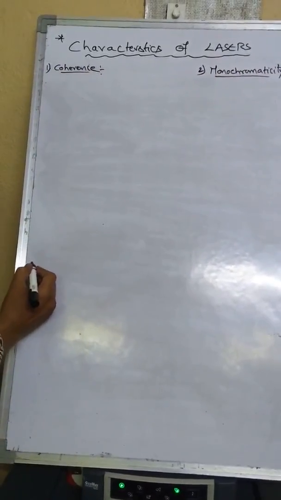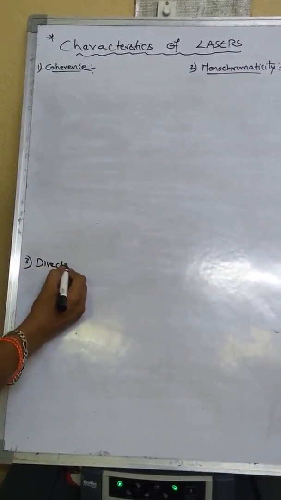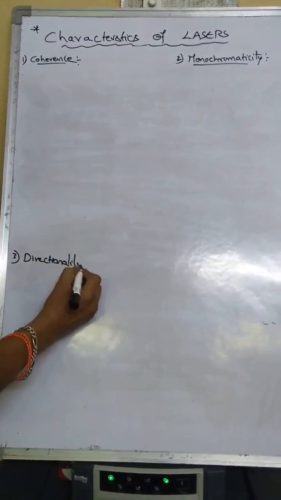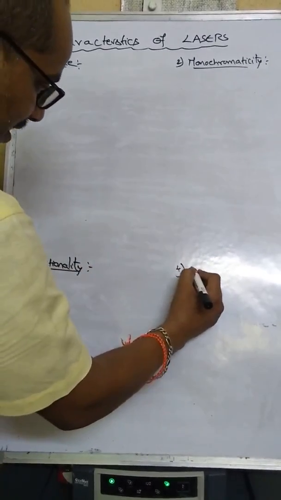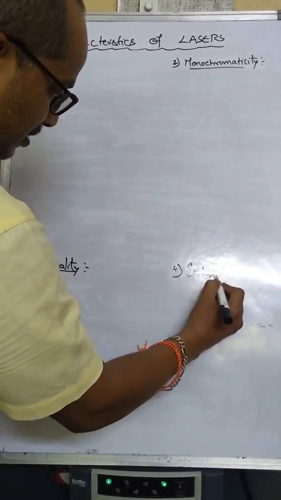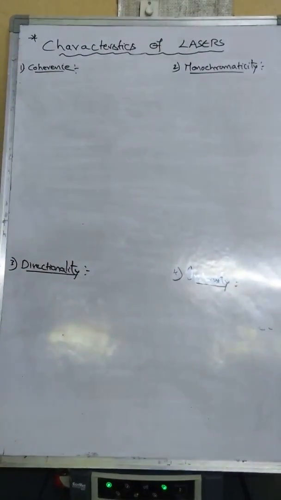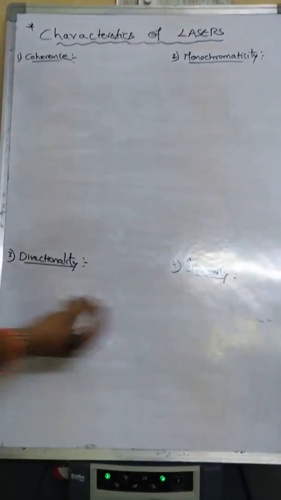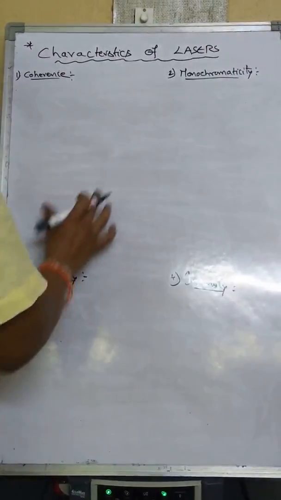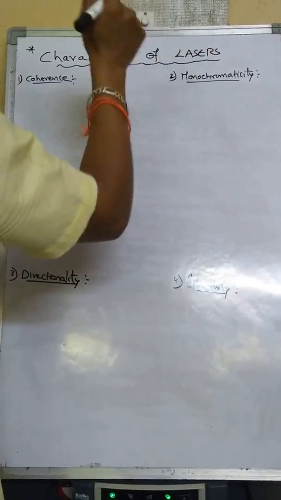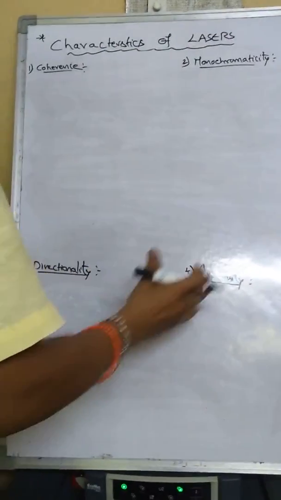The third characteristic is directionality. And the fourth one is intensity, or in some textbooks it is also written as high intensity. High intensity is a more apt word than ordinary intensity. So these 4 characteristics make the laser highly efficient and highly energetic for different applications.